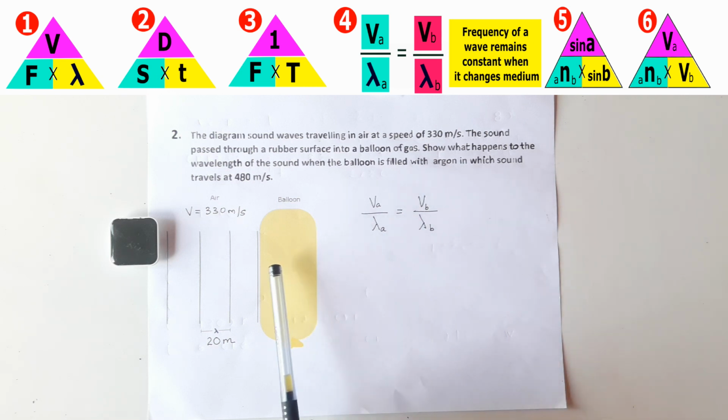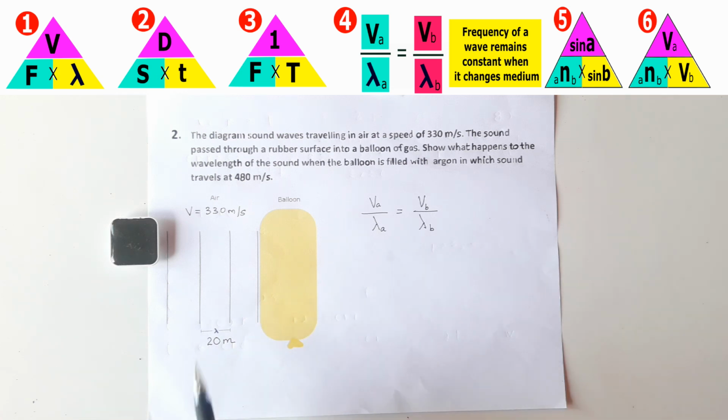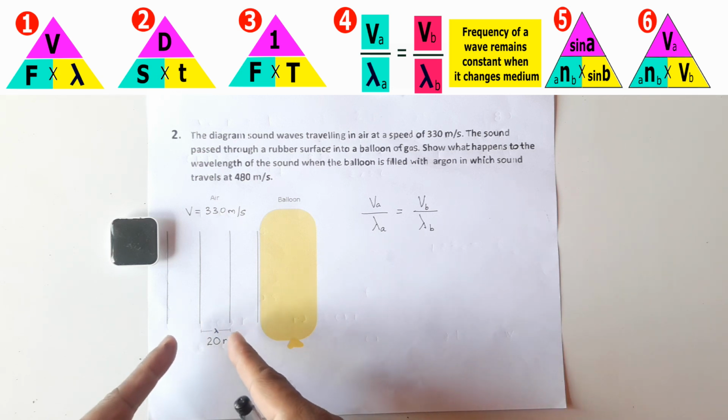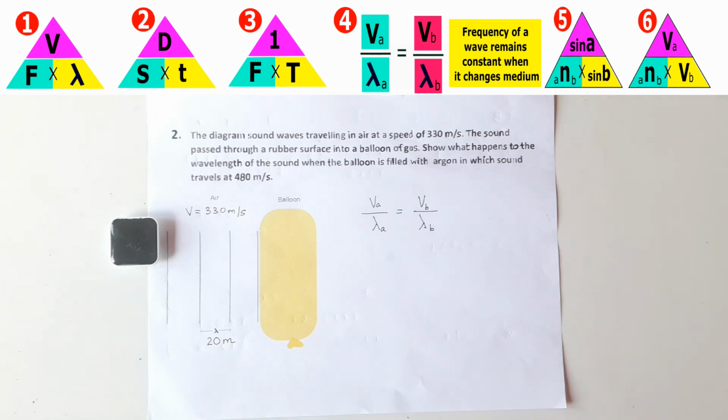So in this question, you will see the wavelength here, the wavelength is 20 meters. When it's going from air into the balloon, the only thing that will remain constant is the frequency. Just like how when the wave was going from deep to the shallow region, we said the frequency will remain the same. This here is a very similar situation.